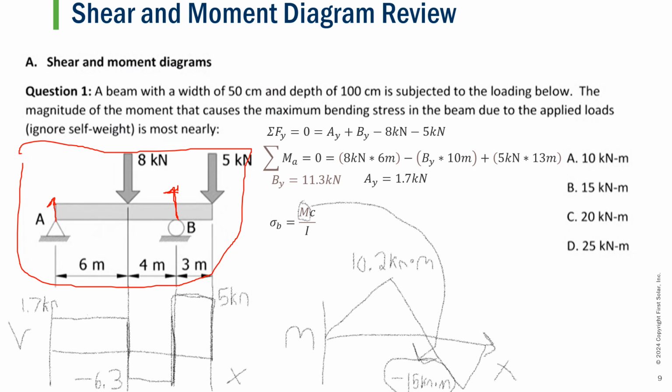So we see that our moment at A will equal this 8 kilonewtons going clockwise, multiplied by the distance, which is 6 meters, minus BY, because it is the opposite direction of what we denoted as positive, which would be counterclockwise in this case, minus BY times its total distance, which is 10 meters, plus, as it's going in our positive clockwise direction, 5 kilonewtons times the total distance, which is 6 plus 4 plus 3, or 13 meters.